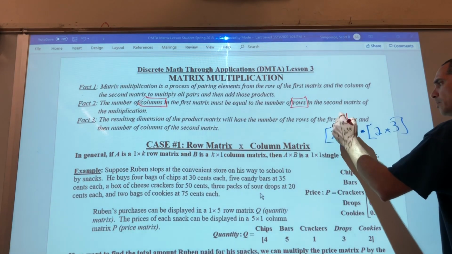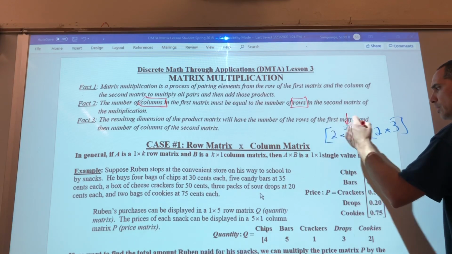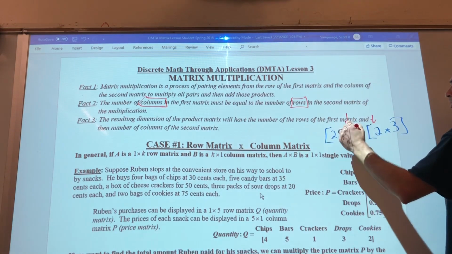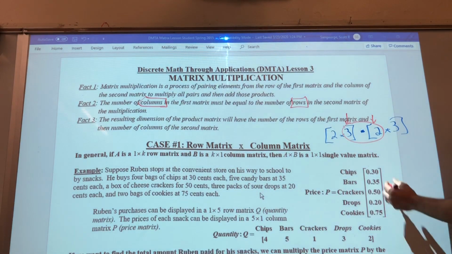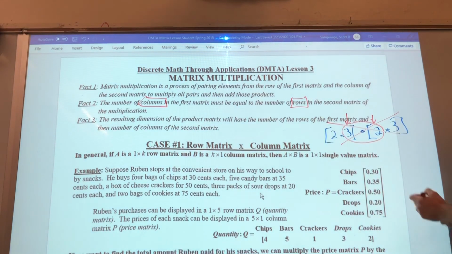So this is the columns of the first matrix, and this is the rows of the second matrix. If those two match, we can multiply. These two do not match, so we cannot use matrix multiplication on those matrices, even though they have the same dimensions.